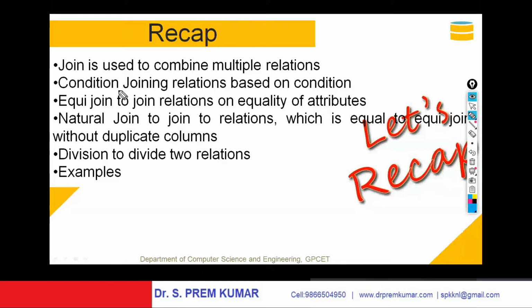Under join, you have the conditional join operation, where conditionally you can club multiple relations and get the data. And of course, you have the equi-join, where the two relations should have a common column, a column with a common heading, and the values of the first relation and the second relation in the common column should match.